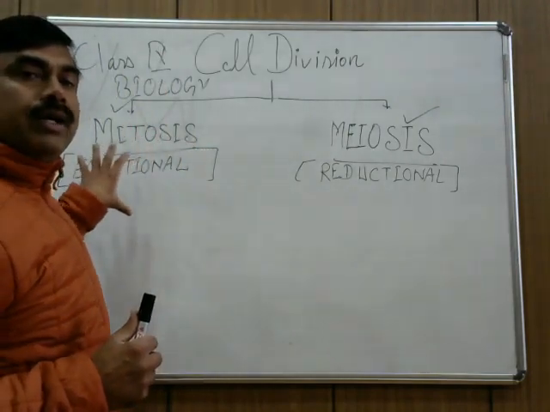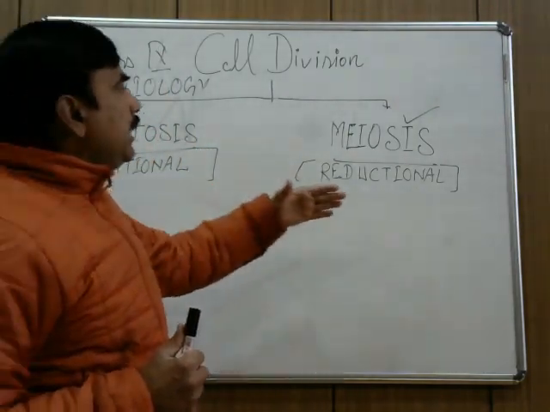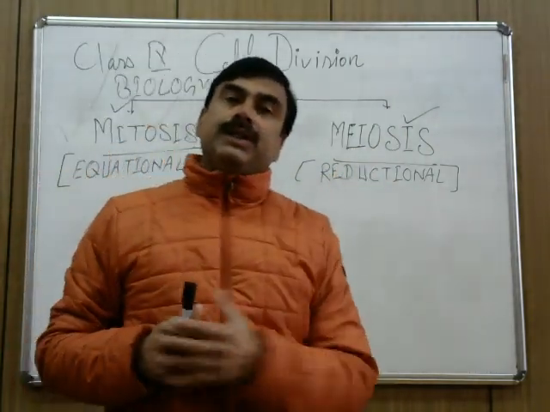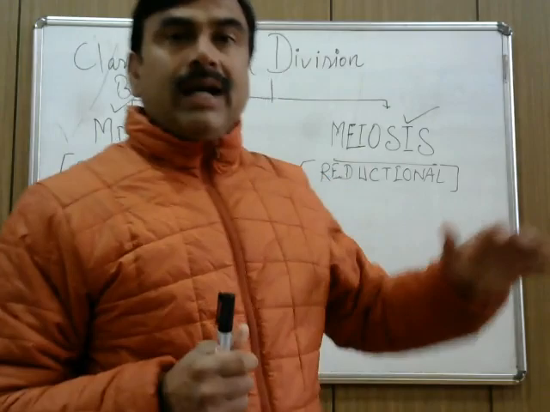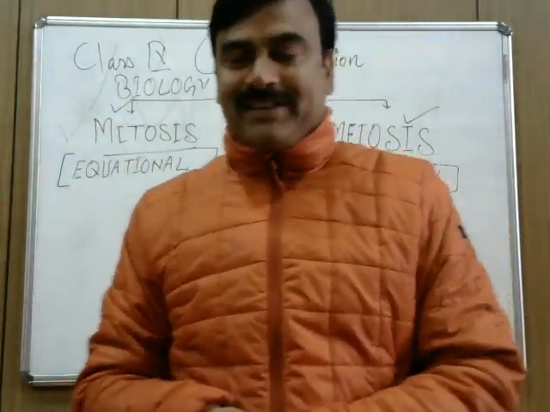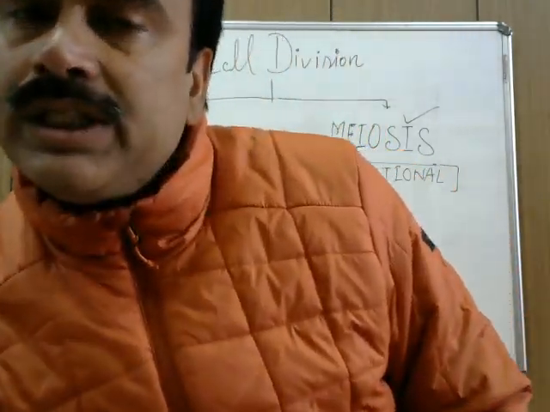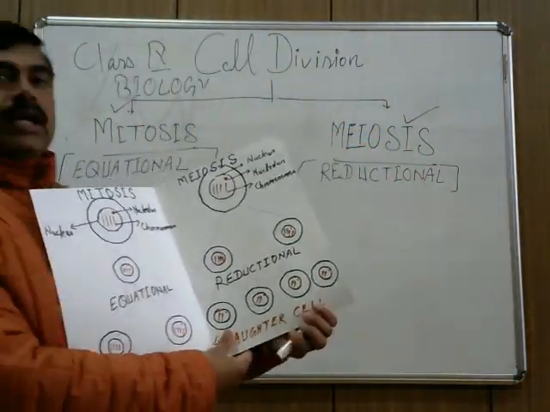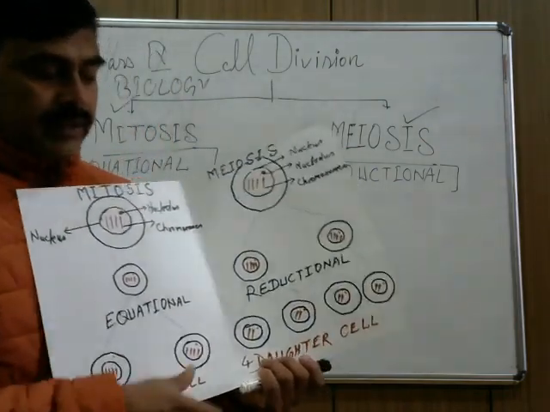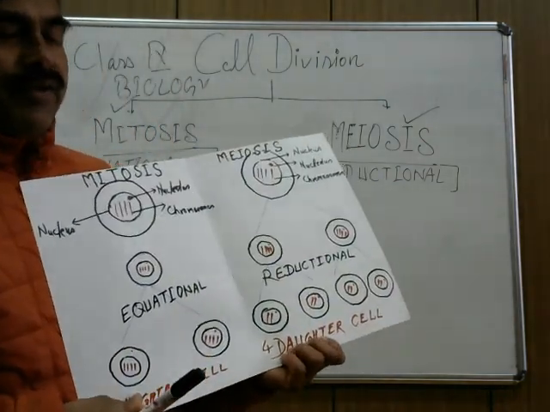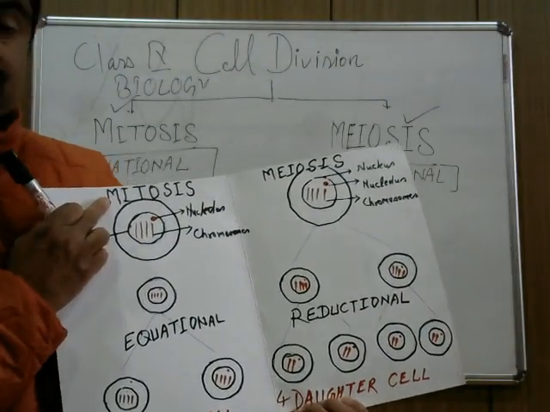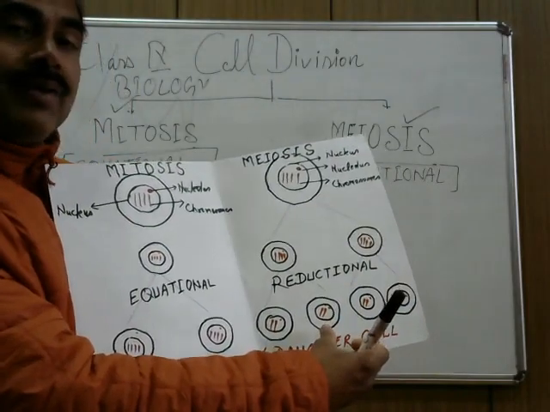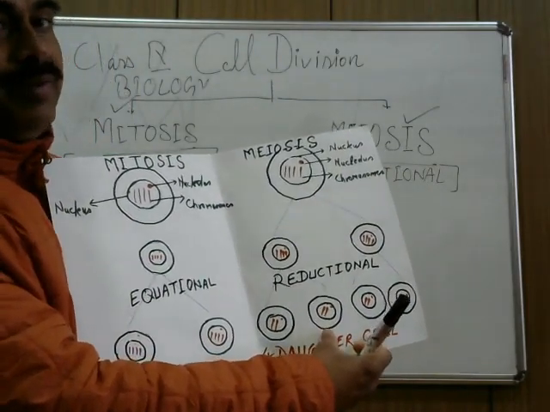It is also called equational cell division, and meiosis is called reductional cell division. Before starting these two types of cell division, I would like to show you the chart which clearly presents the differences. On the left hand side you can see mitosis, and on the right hand side you can see meiotic cell division.